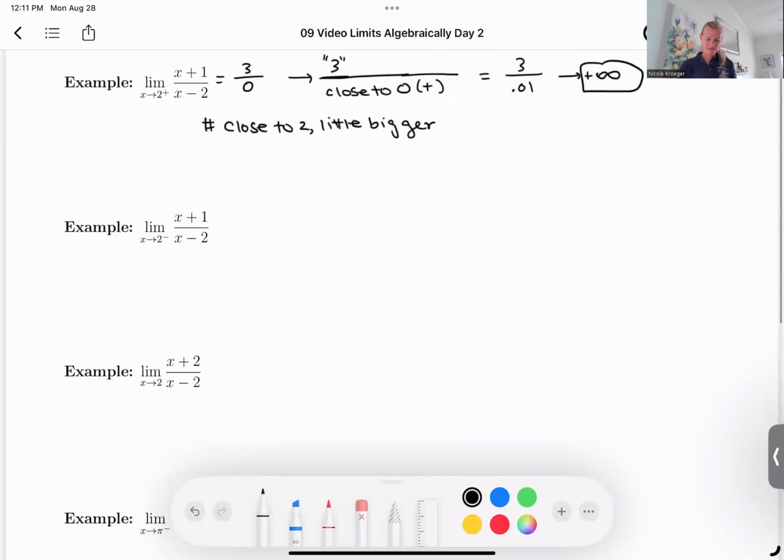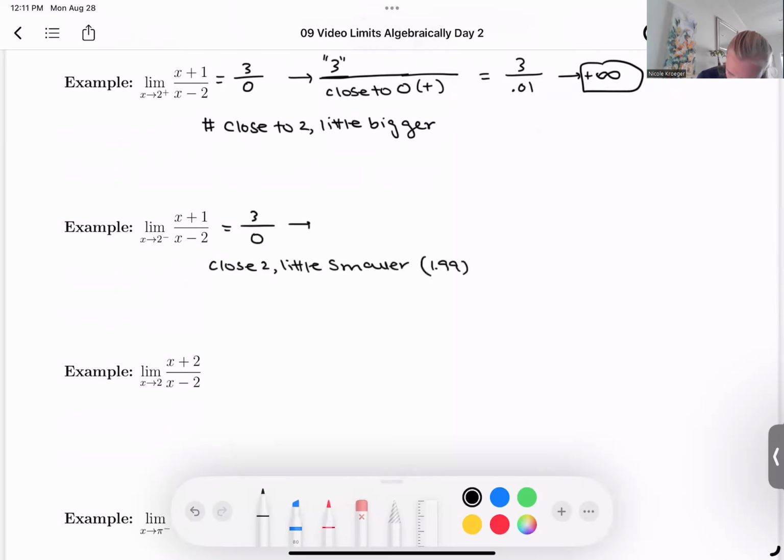Okay, so let's try that with this next one here. We have x approaching 2 from the left. This is actually the same problem, just a left-hand limit. So I'm going to get 3 in the numerator, still going to get 0 in the denominator. So now we plug in a number close to 2, but a little smaller because this is a left-hand limit. So maybe like 1.99.